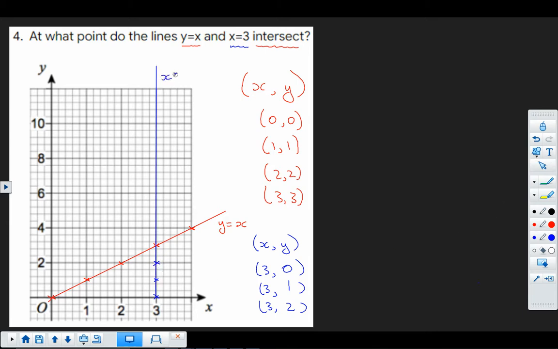So there we can see our line x equals 3 being drawn, and we can very clearly see the point at which these two cross, which is at 3, 3. And not surprisingly, the x and y coordinate are the same, and the x coordinate is 3.